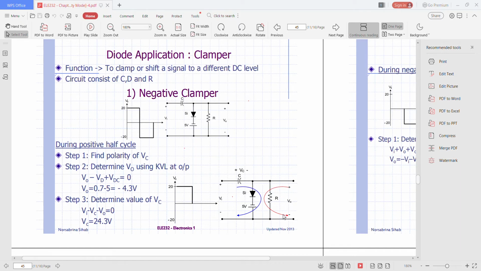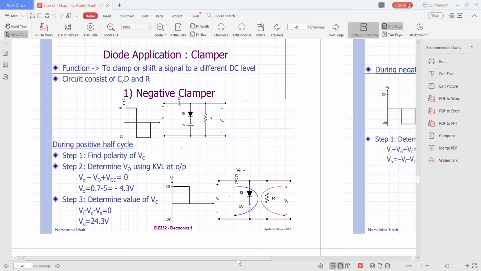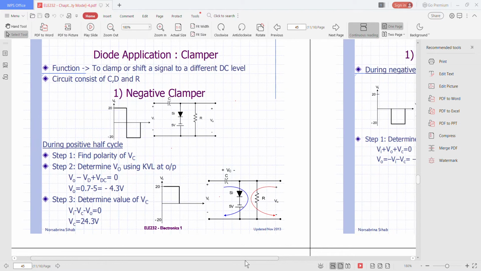For your information, output voltage across terminal resistor R is actually equal to the output. It is actually equal to the voltage across this terminal. Alright, so Vc equals to 24.3 volt. That is for positive half cycle.